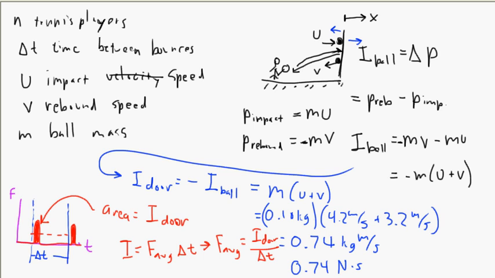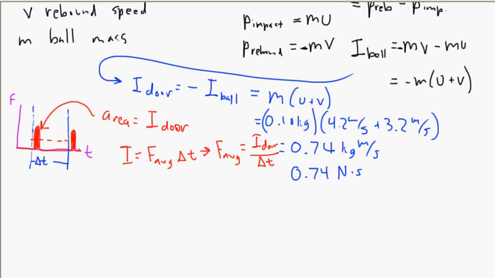So that is the average force exerted by one ball, remember? One tennis player, one ball, which keeps going bonk, bonk, bonk, bonk. But we have n tennis players with n balls.